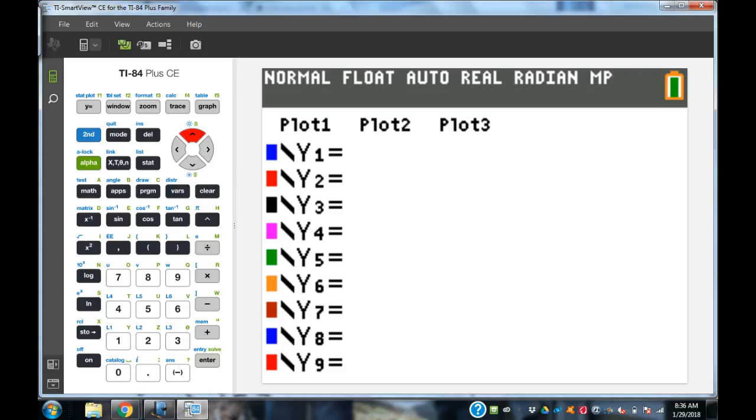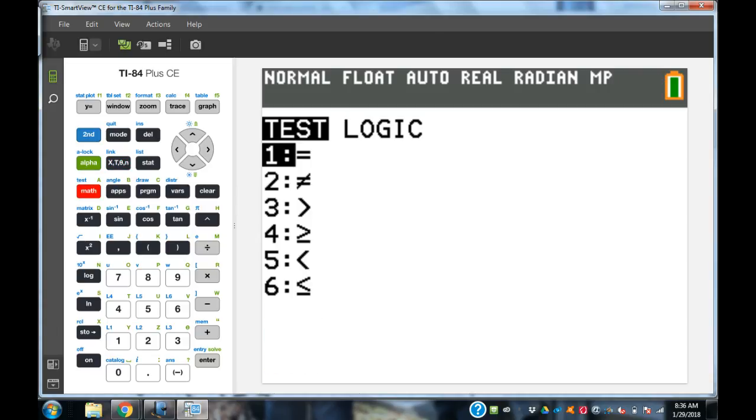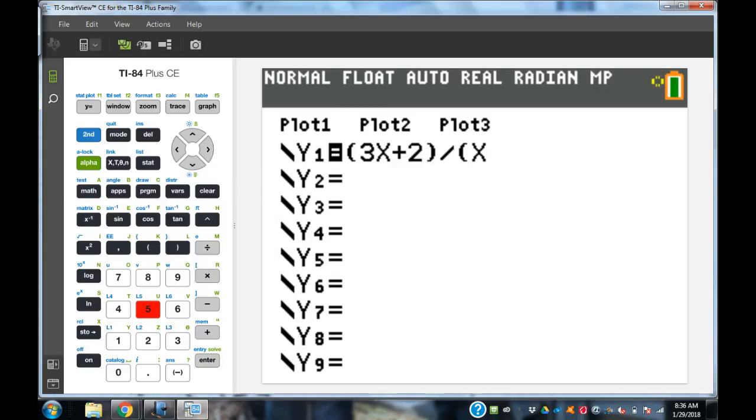Y1, I'm going to put 3x plus 2 in parentheses, divided by x is less than, second math, negative 2.